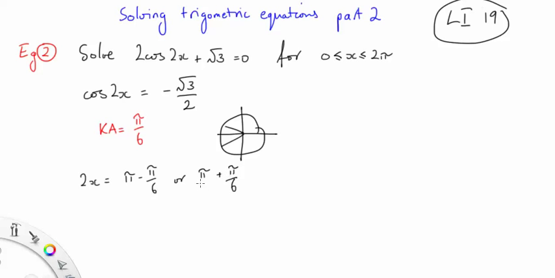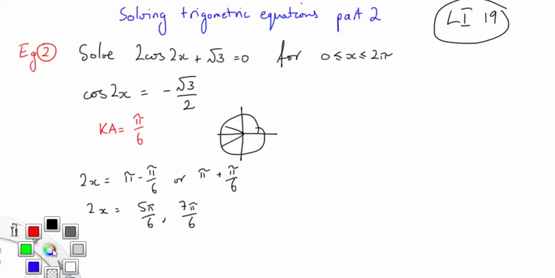Now I'm going to write 2x equals 5 pi on 6, and I'm going to put a comma here, and 7 pi on 6. So this is the working we did before, but now we have to consider this restricted domain here.